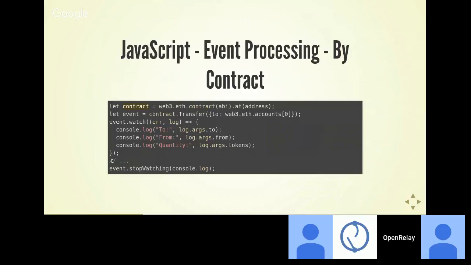However, if at some point in the future we called event.stopWatching, and we need to give it some kind of callback function because Web3 functions always require a callback, and they will yell at you if you don't provide a callback, even if you don't have anything that you want to do with that callback. Anyway, we call event.stopWatching. That will stop polling the blockchain and stop firing your watch callback function. But that's the basic way that you would process an event in JavaScript.